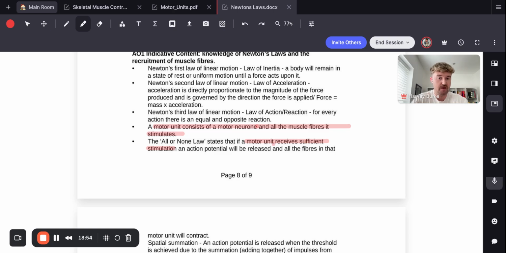So if a motor unit reaches a certain threshold, then the action potential will be released. So the electrical impulse will travel down the neuron and all of the fibers in that motor unit will contract. So the main things to get across there is just if the threshold is met, the action potential fires and all of those fibers will contract.